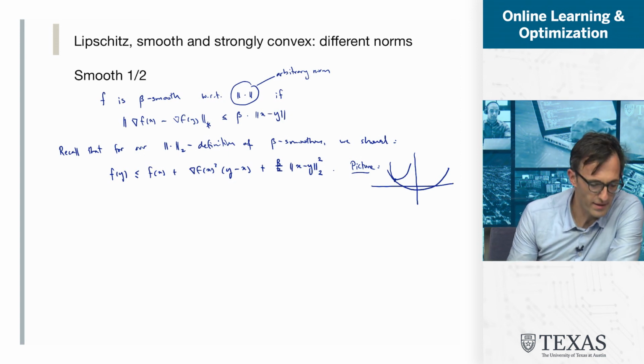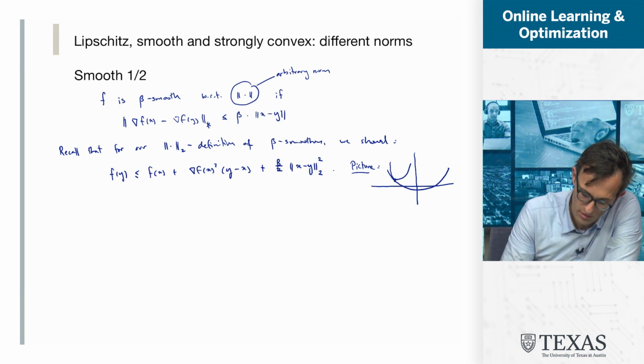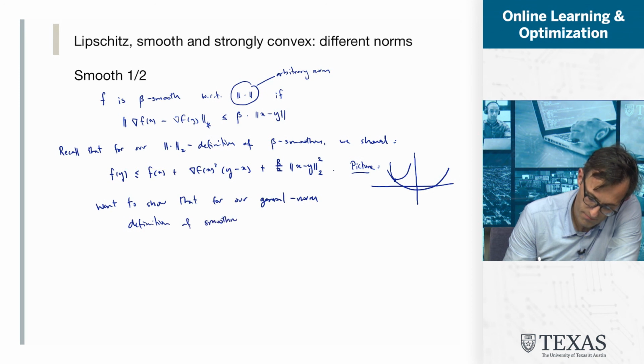Okay, so now I want to show that something similar holds, but with an arbitrary norm. So I want to show that for our general, arbitrary norm definition of smoothness, something similar holds.